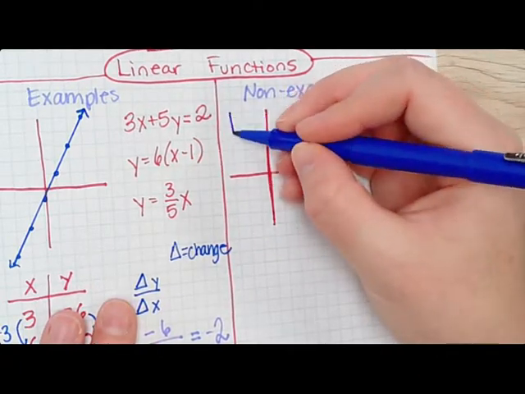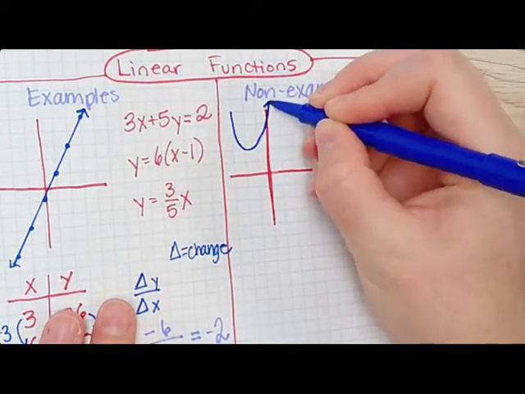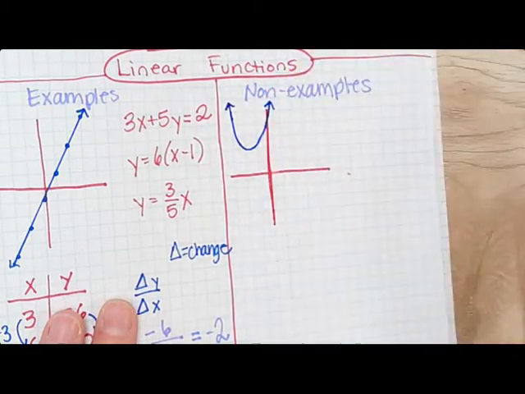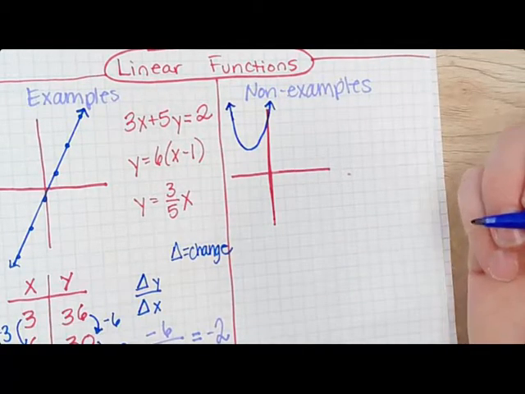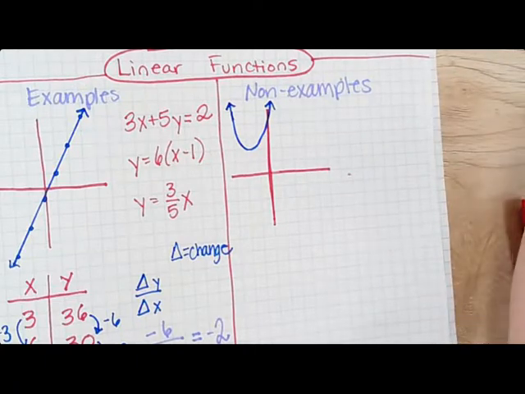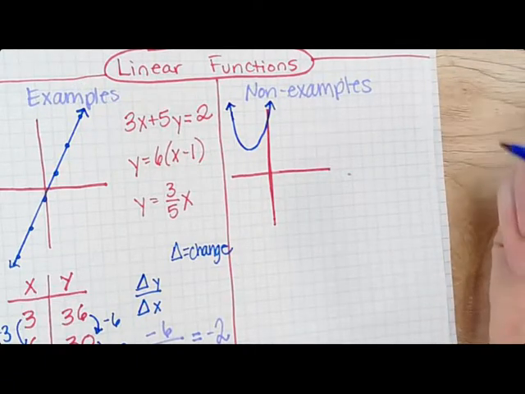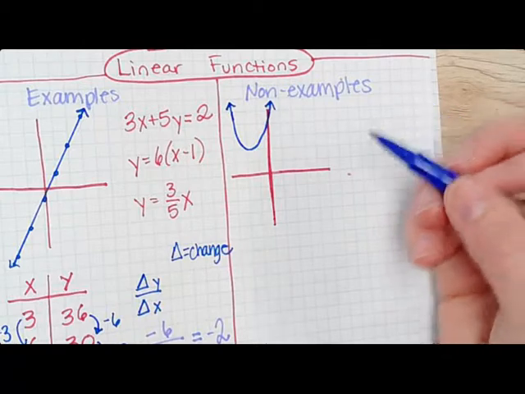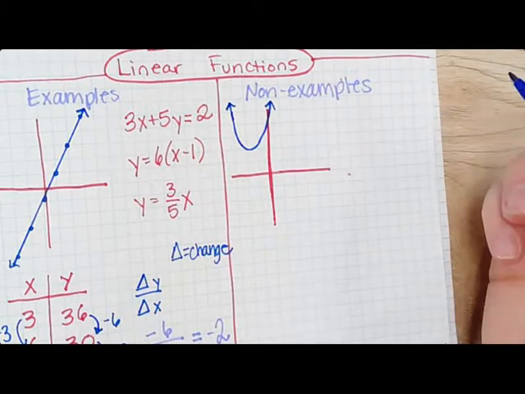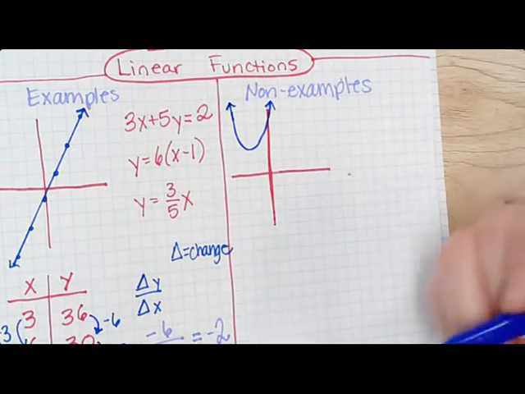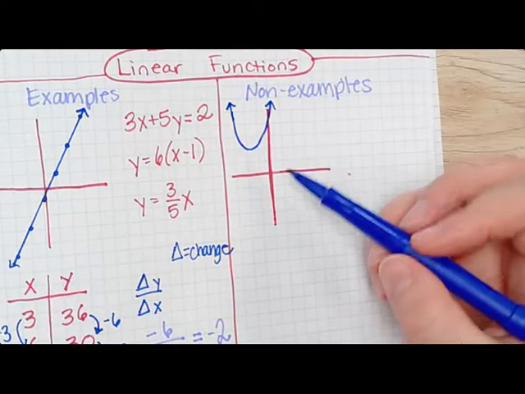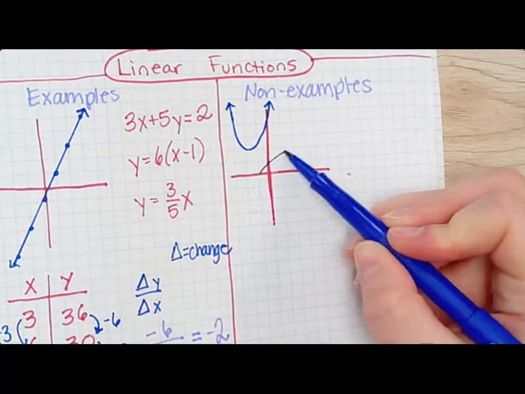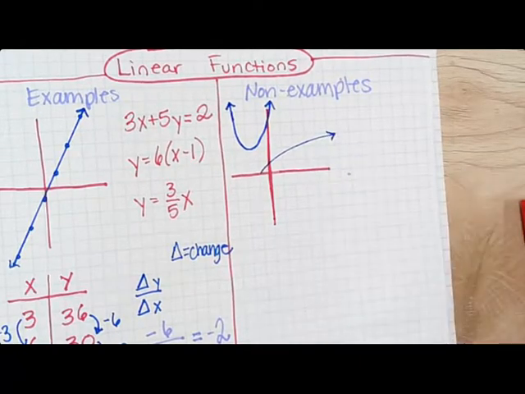Let's do a little U up here with arrows. So that's not linear, but we're going to learn about that this year. It's called quadratic. What else? What did we have on our function notation practice worksheet? That curve thing like that? It's non-linear because it has that curve in it.